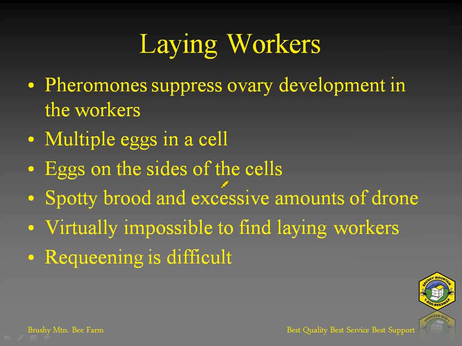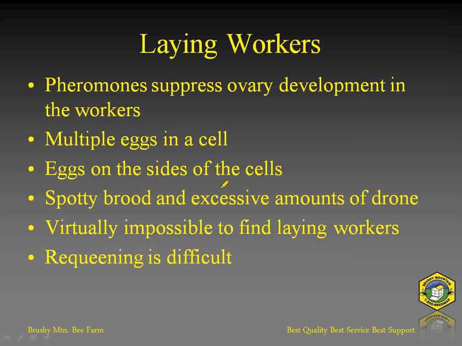All right, laying workers. Laying workers develop because of a lack of pheromones. Basically, queen mandibular pheromone, that queen pheromone, as well as brood pheromone, help suppress the ovary development in the workers. So remember, these workers are female bees. They have all the reproductive structures that a queen has.